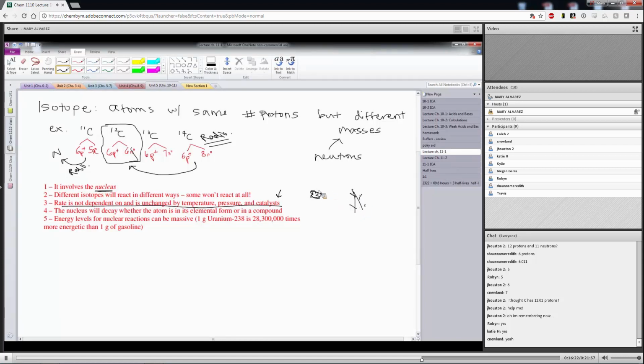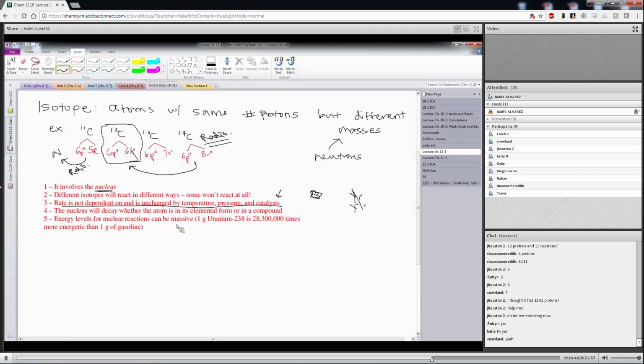If I have a carbon-11 atom here, it will decay. If I have a carbon-11 atom here, it will decay. Again, this is because the nucleus is shielded from everything else. It's going to do what it's going to do regardless of what it's attached to. So if my carbon is in a sugar compound, it doesn't matter. It will still decay and form something else, whether it's in a compound or just in an elemental form.